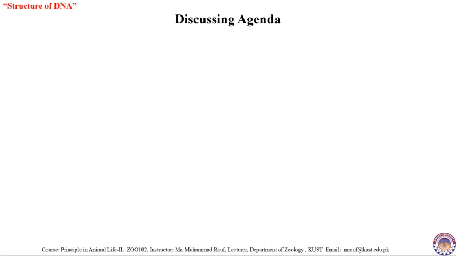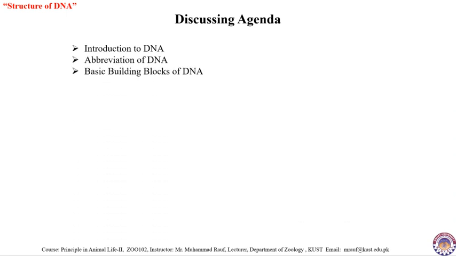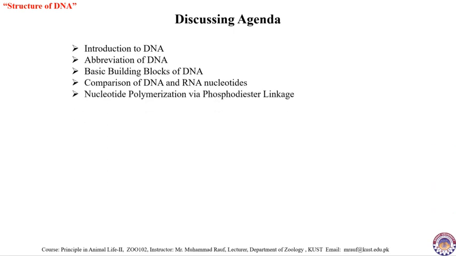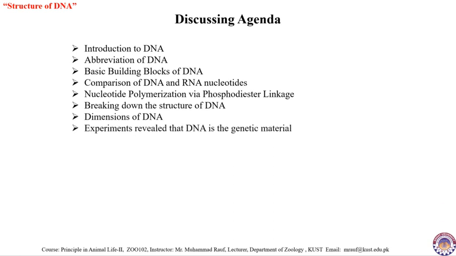The agenda for the topic is: introduction to DNA, abbreviations of DNA, basic building blocks of DNA, comparison of DNA and RNA nucleotides, nucleotide polymerization via phosphodiester linkage, breaking down the structure of DNA, dimensions of DNA, experiments revealing that DNA is the genetic material, DNA as a double-stranded helix, and structure of RNA.